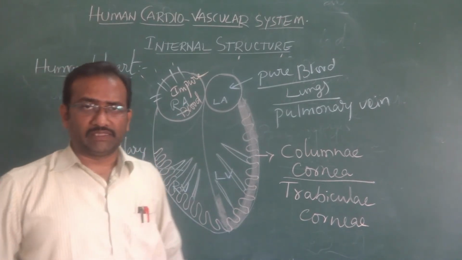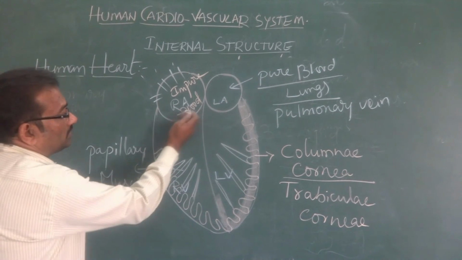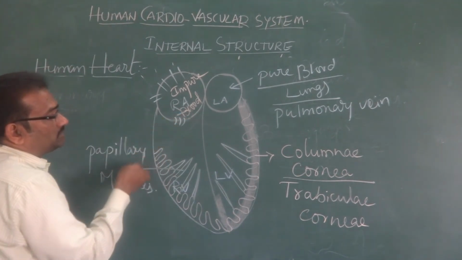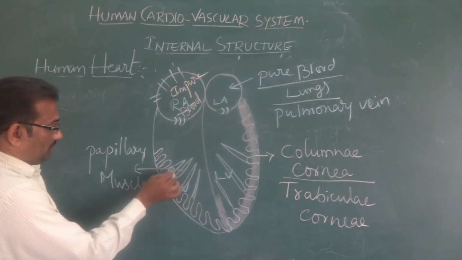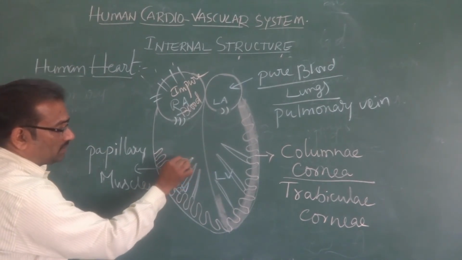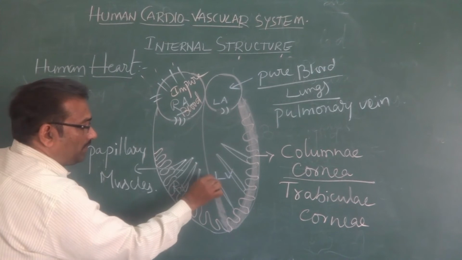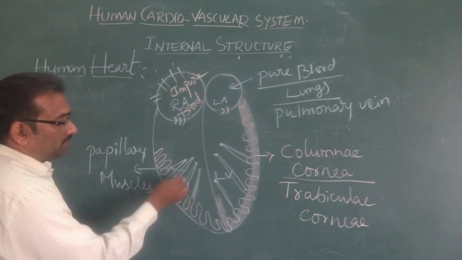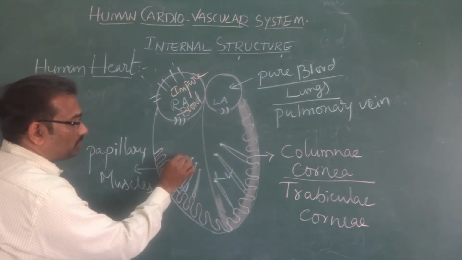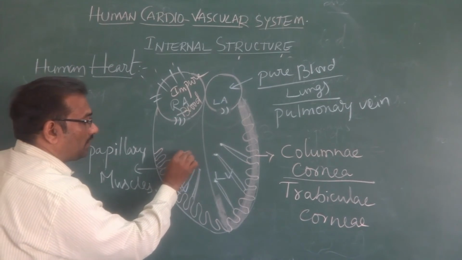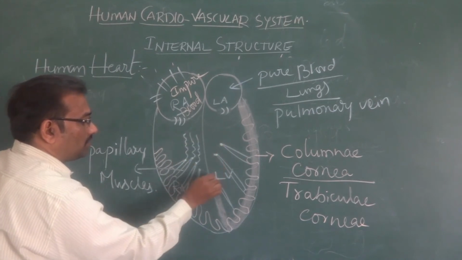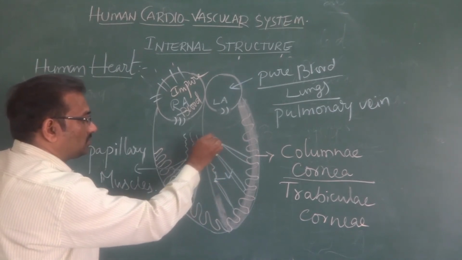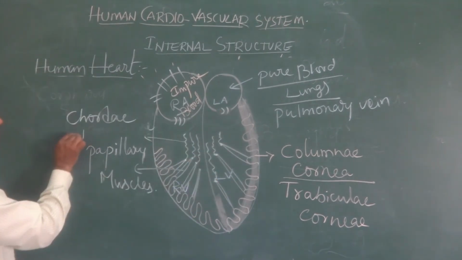Papillary muscles. So, this is the tricuspid wall. This is bicuspid wall. The apices of the papillary muscles are connected to the chordae tendineae, also called heart strings.